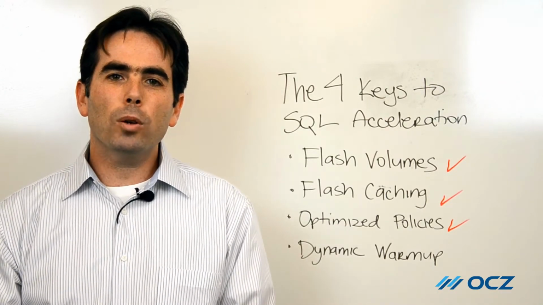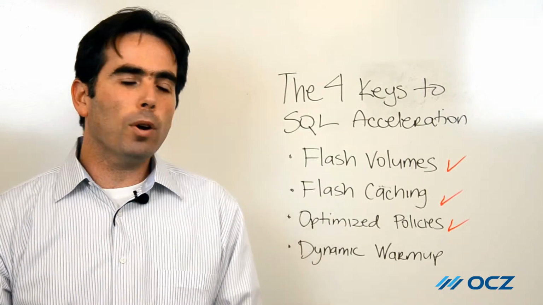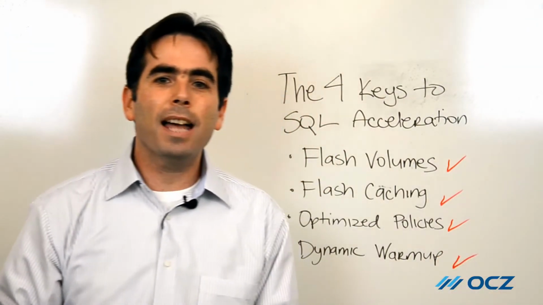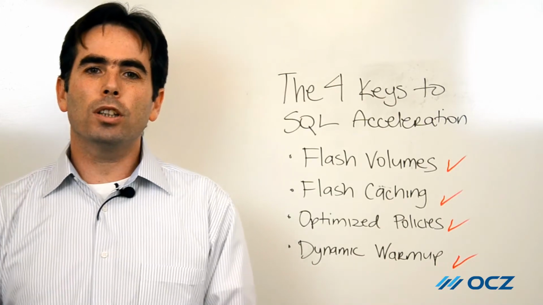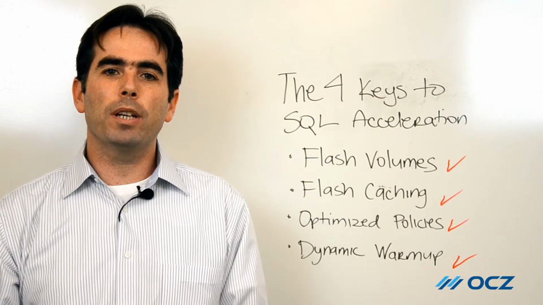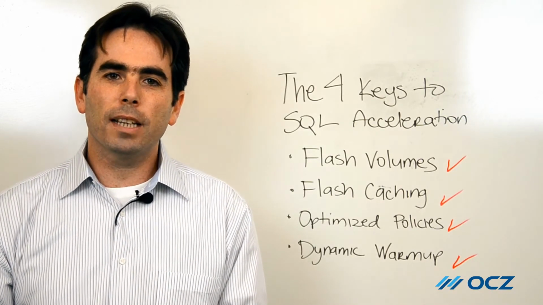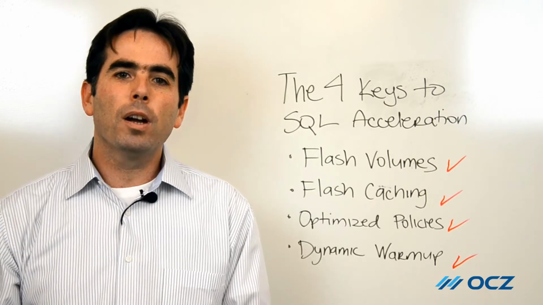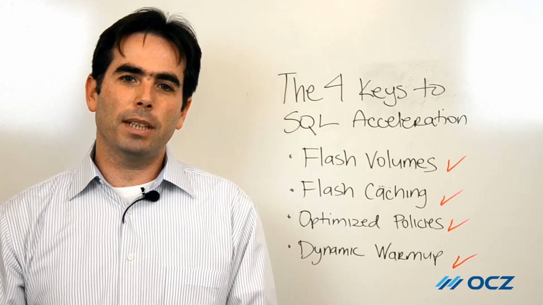To do that, OCZ ZDXL employs dynamic warm-up with intelligence analysis. This feature allows the card to track what data is used periodically on the system and makes sure that that data will be available there exactly when the system needs it.